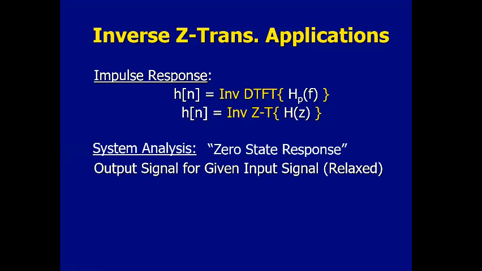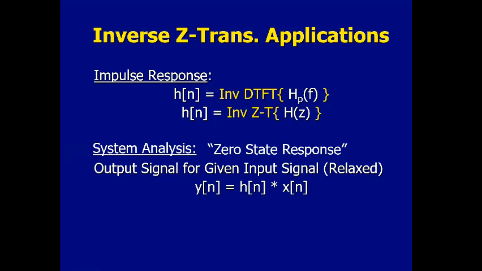The other kind of system analysis that usually requires this is doing zero state responses or ultimately doing total responses. Today we'll have enough information that we can go ahead and, just as we could do with the DTFT, find the zero state response of a relaxed system for a given input that we can transform.